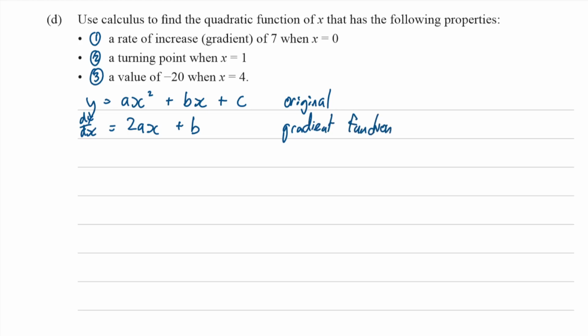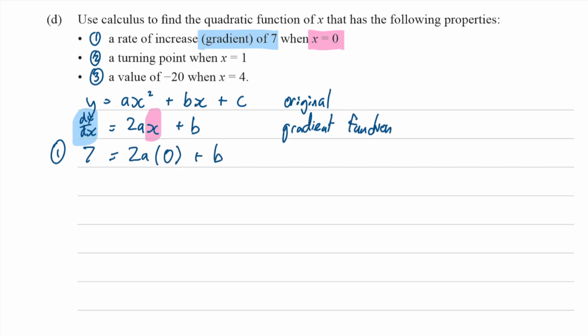So with that, we can actually now write an equation using point 1. So using 1, the gradient is 7 when x is 0. So the gradient is 7 when x is 0.